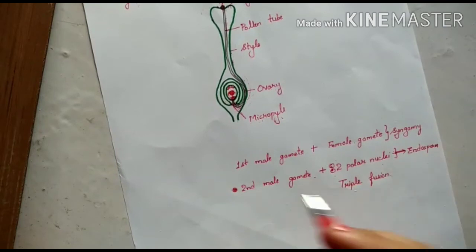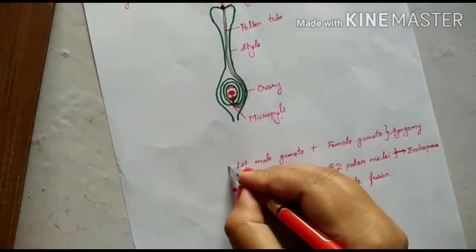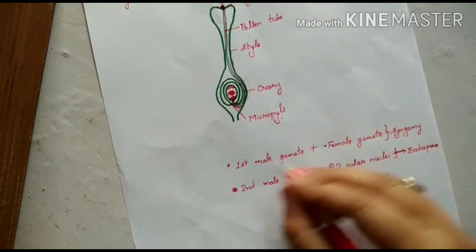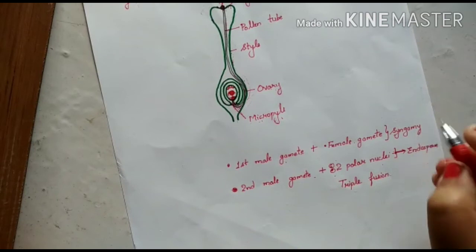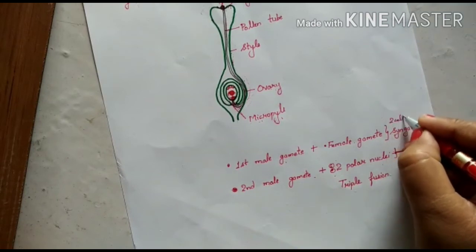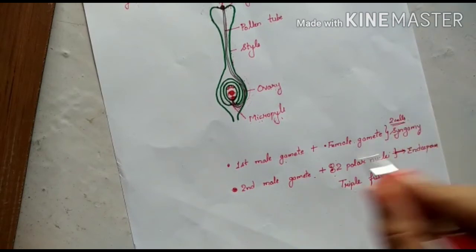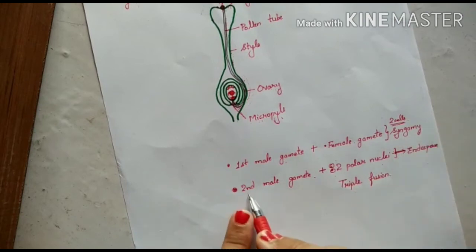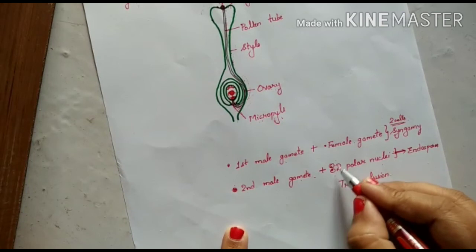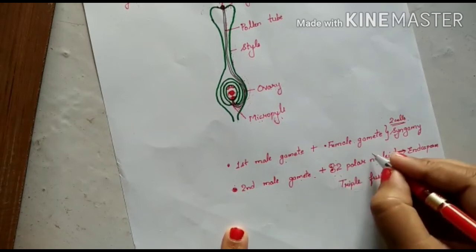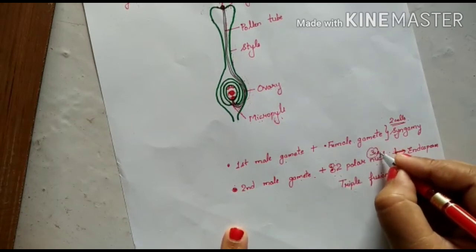Don't get confused. When the first male gamete, which is 1, fuses with 1 female gamete, this process is called syngamy, in which 2 cells fuse. And when the second male gamete, which is 1, and 2 polar nuclei fuse, it is 3 cells.